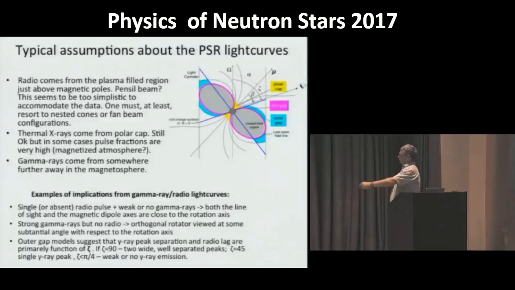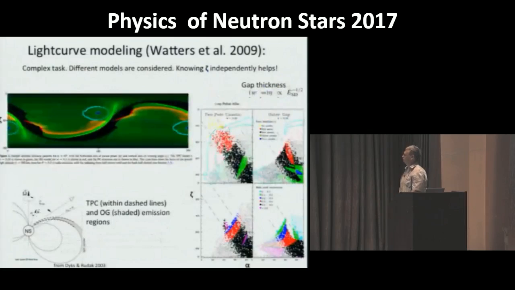One can continue and say that if you see two wide, well-separated peaks in gamma, then the viewing angle is 90. If a single peak, 45, then this angle is 45, and so on. So there is dependence also on the alpha angle here, which is not mentioned. This is more complex than I just described, but these are basic features that can be expected from the light curves.